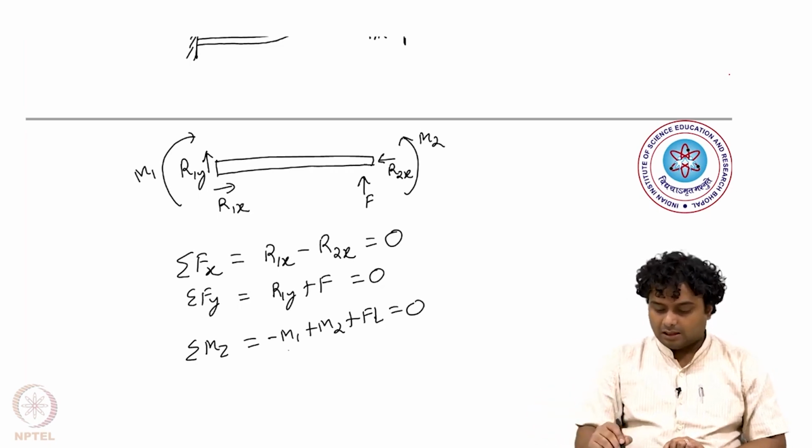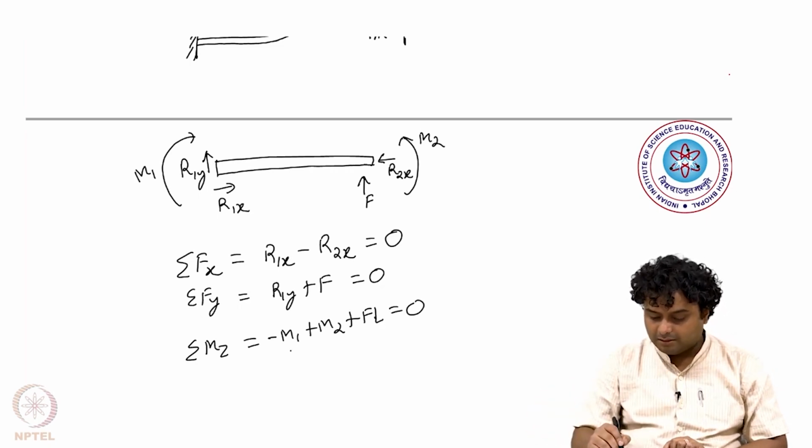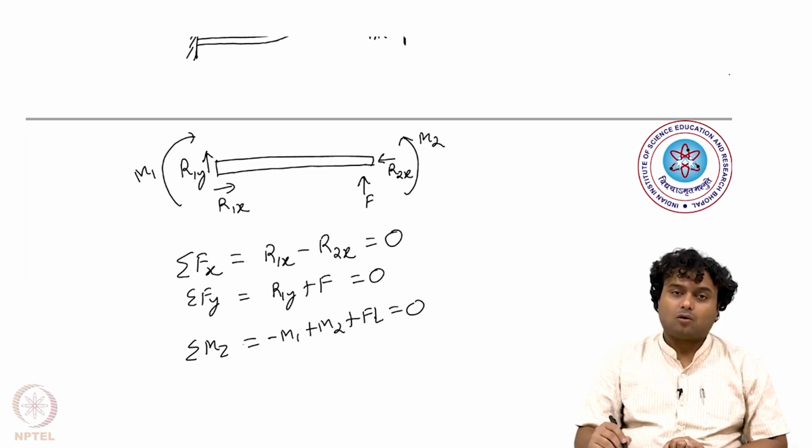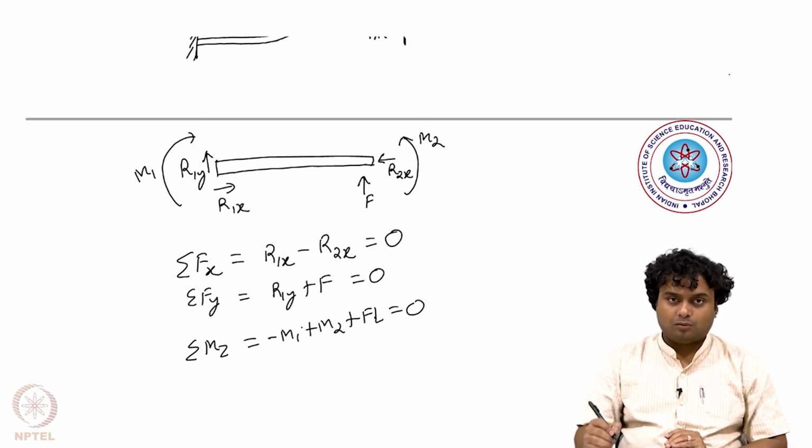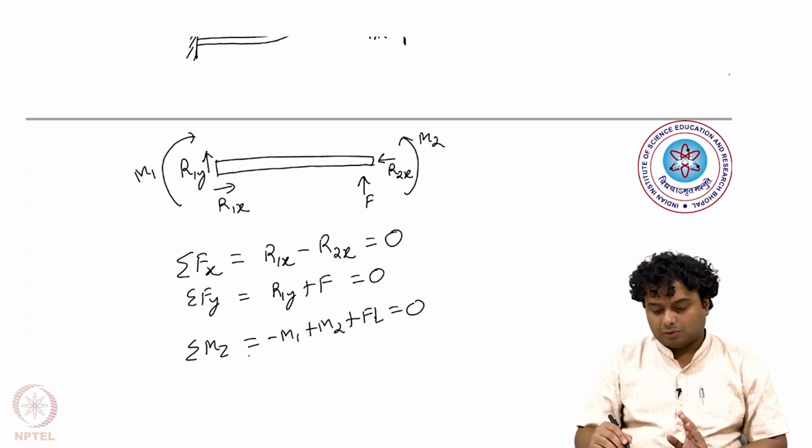Now, see here I have put a negative sign before M1, because here I am considering that the clockwise moments are negative. This is pure convention; whatever convention we fix, we should move with that particular convention and not change it. So for this purpose I am considering that anti-clockwise moments are positive and clockwise moments are negative.